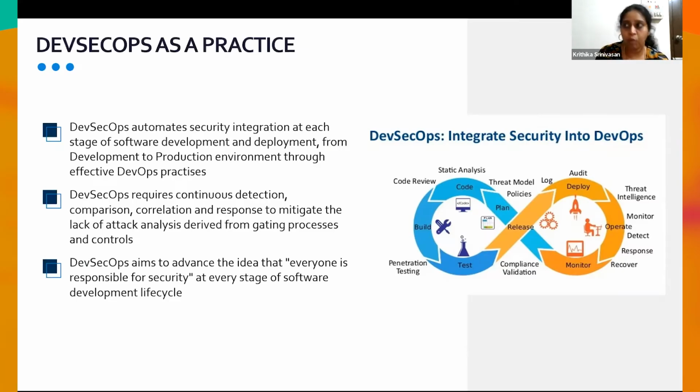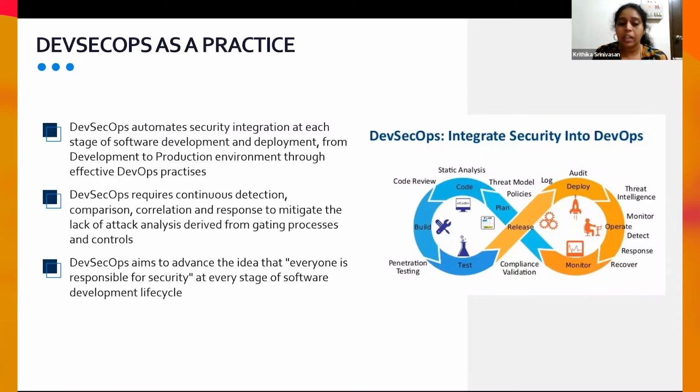DevSecOps basically involves implementing security policies in every stage of your product development lifecycle, say requirement analysis, product development, coding, infrastructure code development, deployment. In every stage, you implement some security strategy that handles security at that particular level.